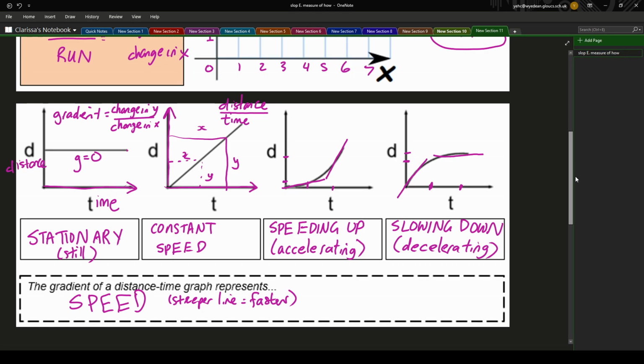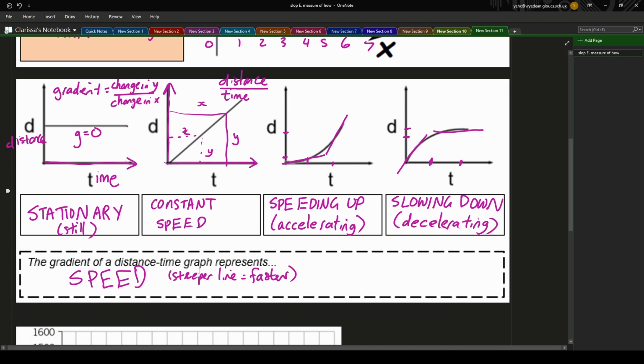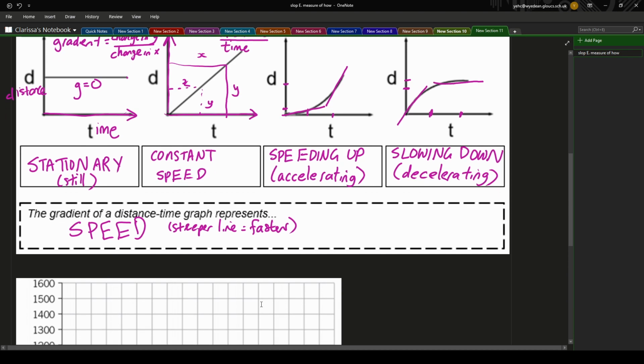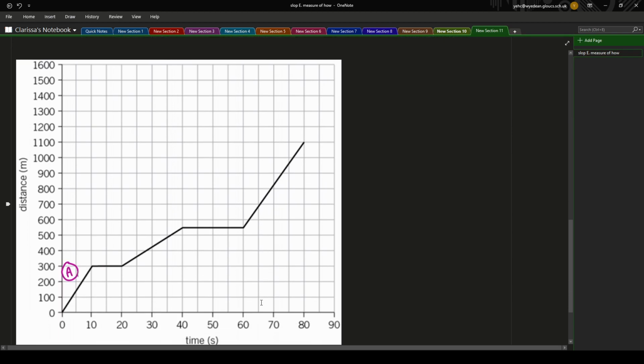But you can combine all of these into one journey, right? Like for example, a car is stationary at first, so it would have a straight line, and then it starts moving, speeding up, and then it moves at constant speed, and then it starts slowing down. When you want to track a whole journey, you're going to have a graph where parts of it change, like this.